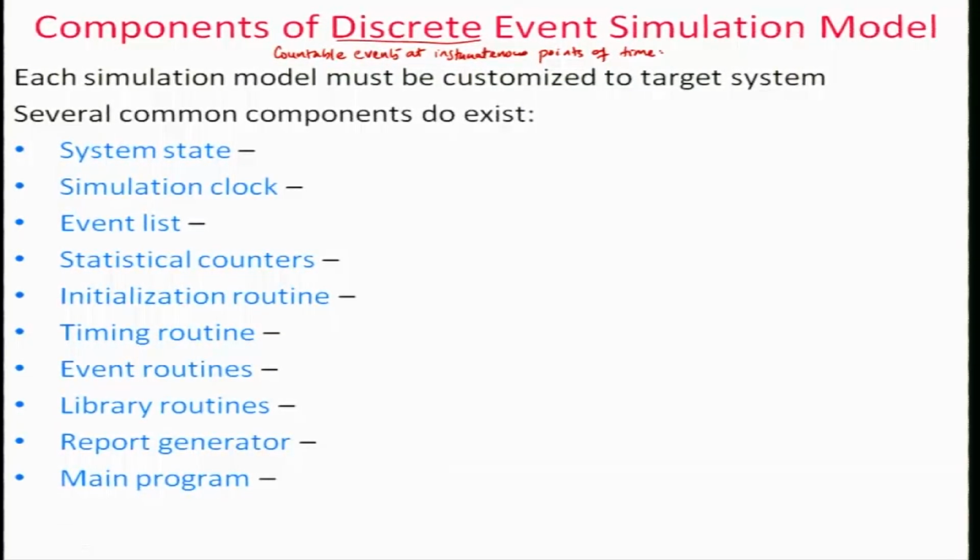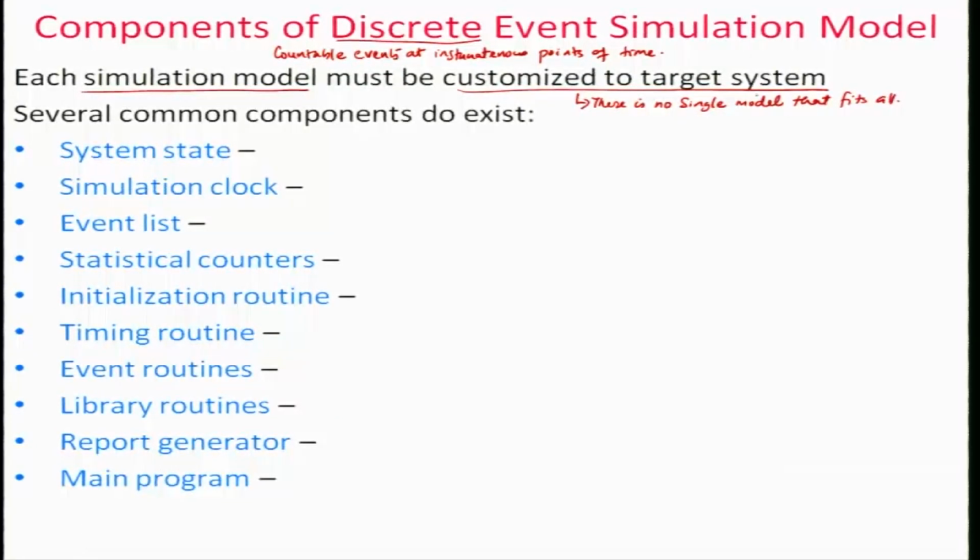We are talking about a discrete system, and the trick with simulation is that each simulation model has to be customized to the target system. The most important thing you need to realize is there is no single model that fits all.